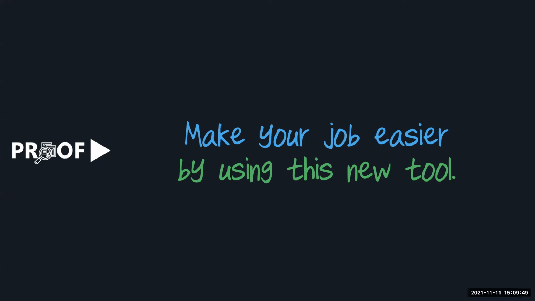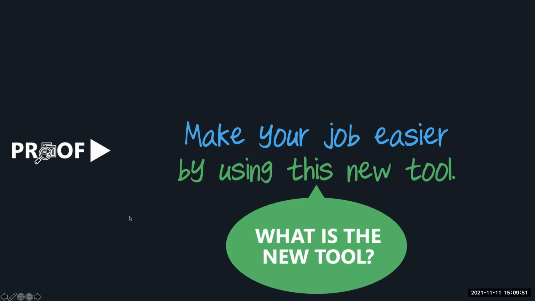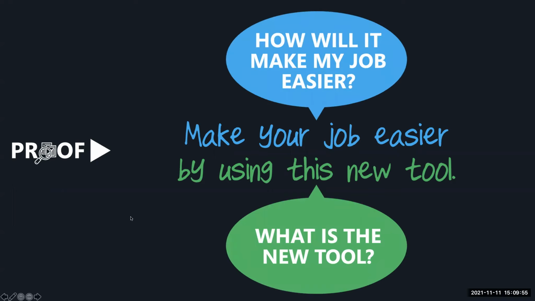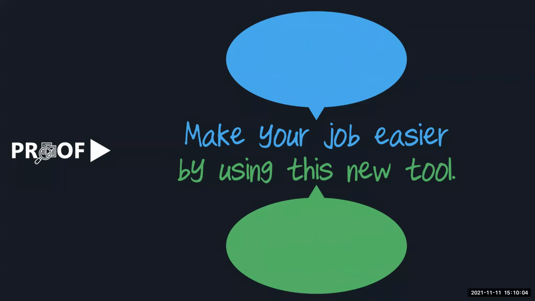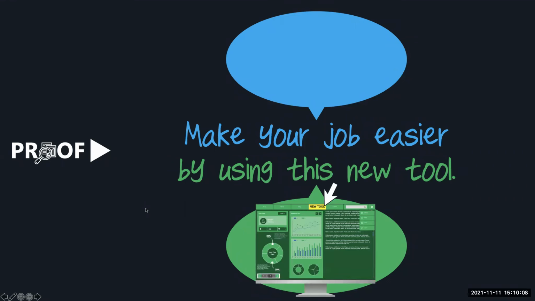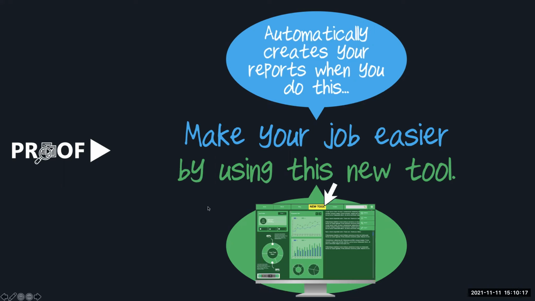So you might ask me, well, what's the new tool, Mike? And then you might ask me, how will that new tool make my job easier? It is up to us to communicate that in our content and in our visuals. So you might say, oh, the new tool, it's right here in your menu bar. And when someone says, well, how does that make my job easier? Well, it automatically creates your reports when you click the button.